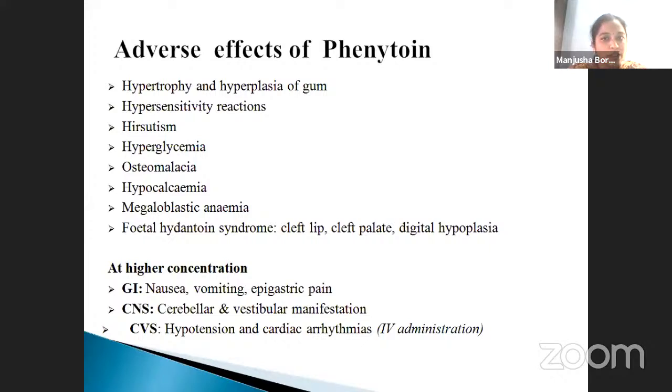One more important CNS-related side effect with a higher concentration is cerebellar vestibular manifestations, characterized by ataxia, dizziness, mental confusion, drowsiness, nystagmus. And only in IV administration, it causes hypotension and cardiac arrhythmia in higher concentrations.